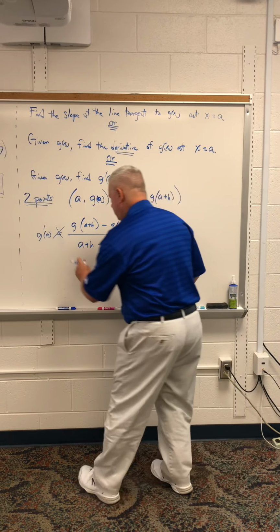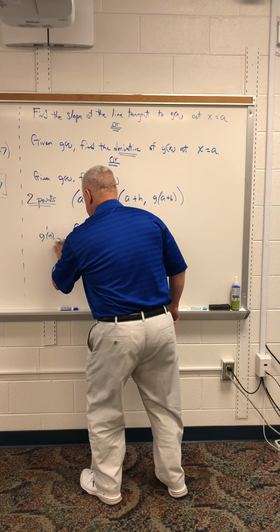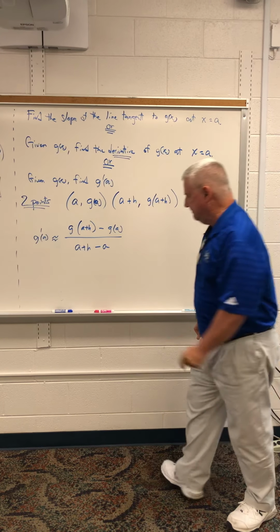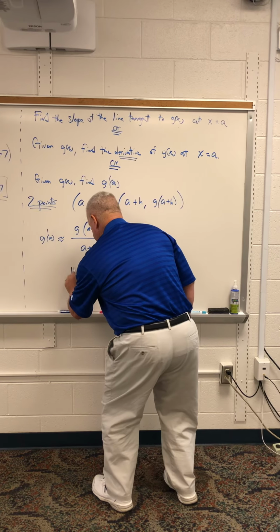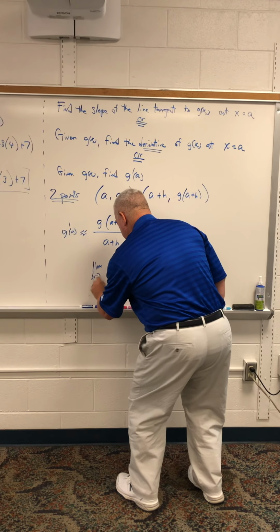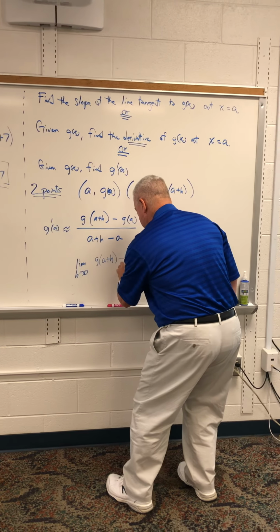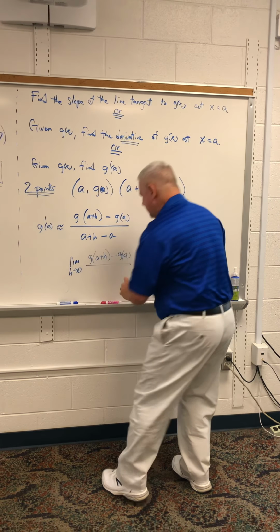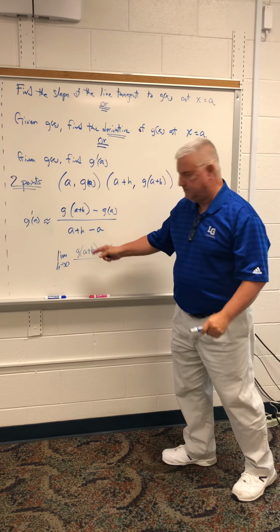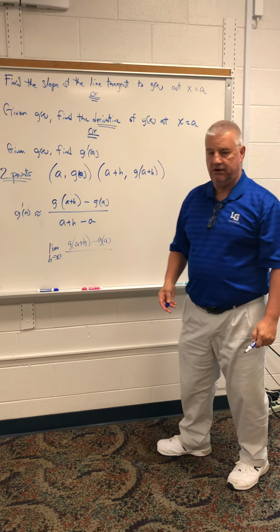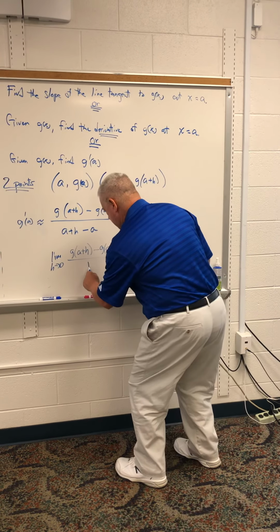So what we can do here is just say that this is an approximation for g prime of a. Now, if we come down a step, take the limit of this, I think I'll go ahead and do a little bit of algebra on the bottom. Combine like terms. A minus a is 0. So 0 plus h is h.